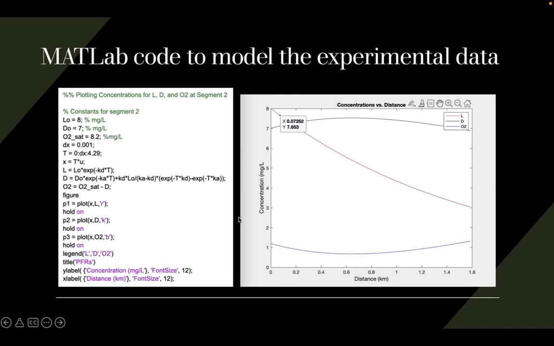So we are just going to type that into MATLAB with the following values: D naught that we established above with the constants. If you type all that correctly and mind your parentheses, you can plot this on a concentration versus distance in kilometers, and you'll see the values of L, D, and O2, L being the BOD, D being the oxygen deficit, and O2 being the oxygen saturation levels.